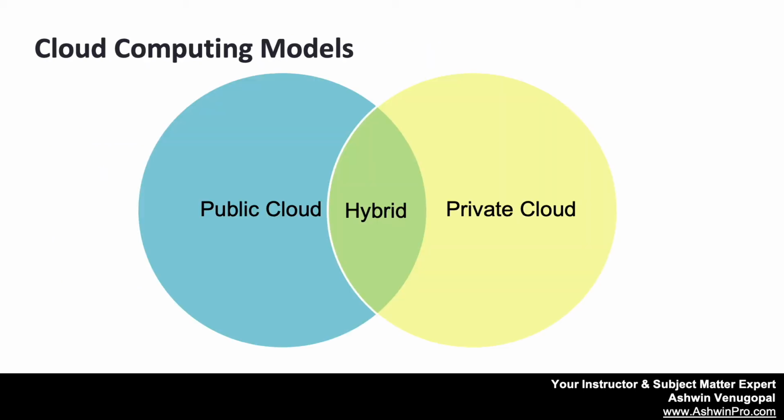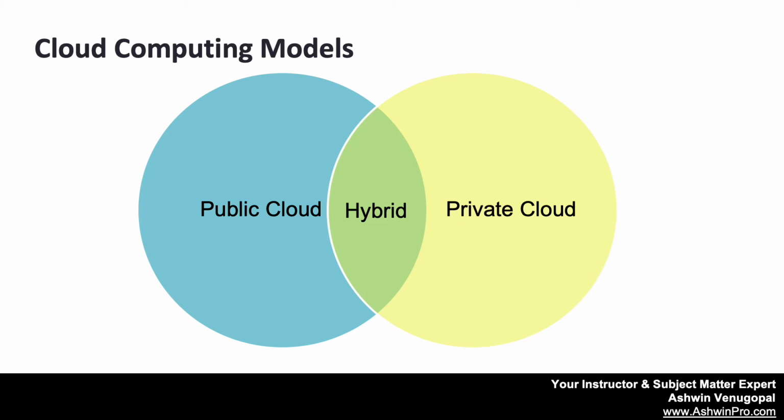Now, when it comes to cloud computing, there are 3 different deployment models. One is public cloud, private cloud, and the third one is hybrid. In a public cloud deployment model, the services which are deployed are open for public use, and generally public cloud services are free.